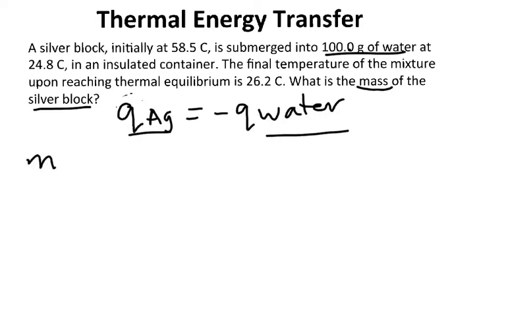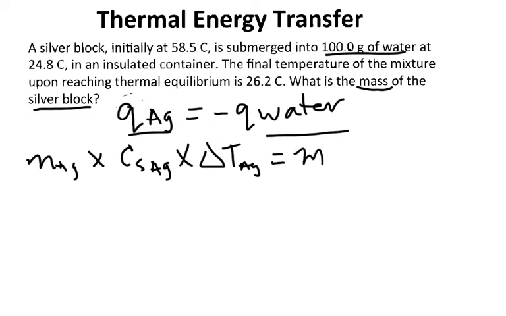So we have mass of silver times the specific heat capacity of silver times delta T of silver is equal to the mass of water times the specific heat capacity of water times the change in temperature of water.